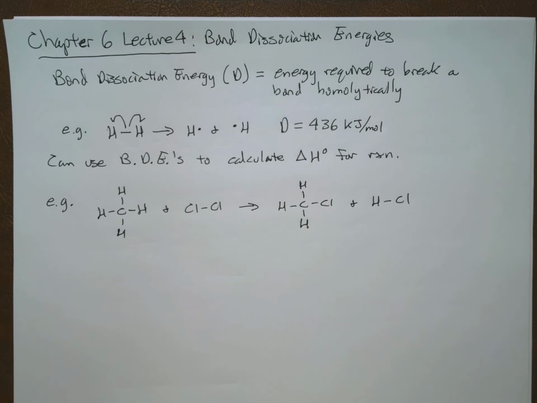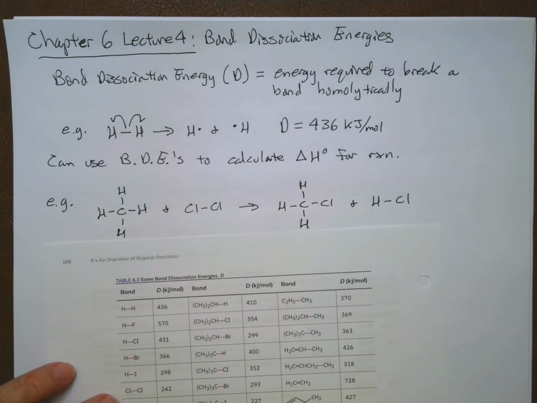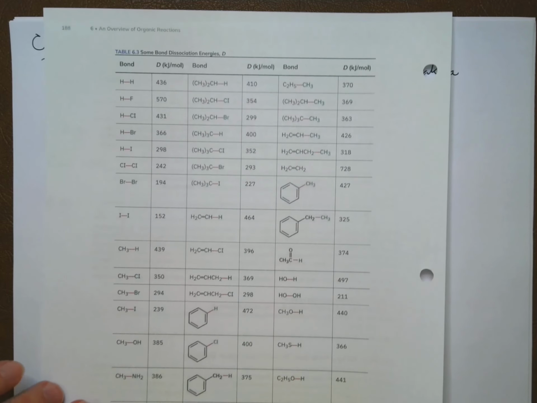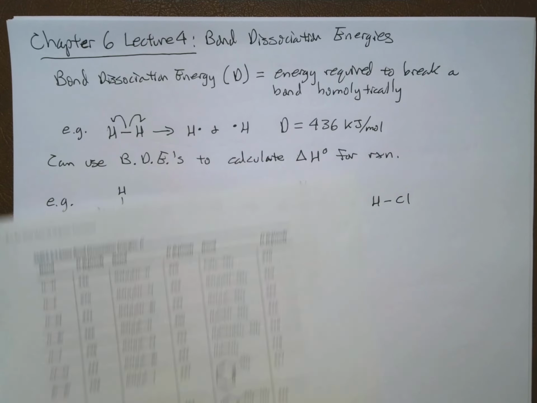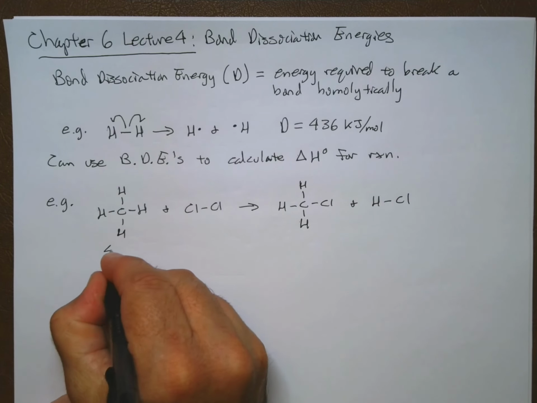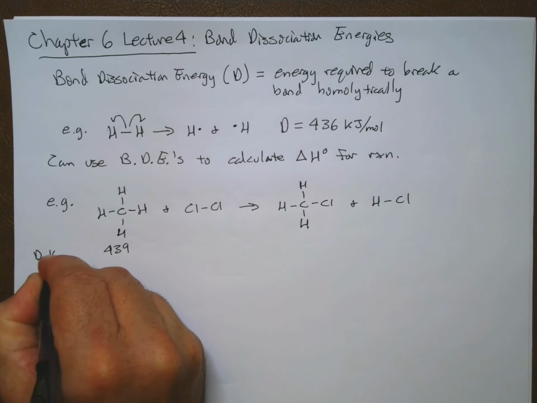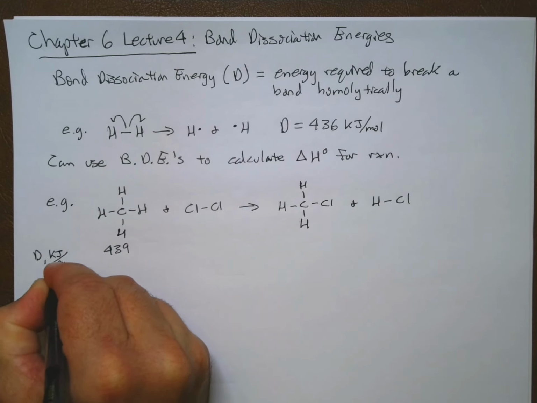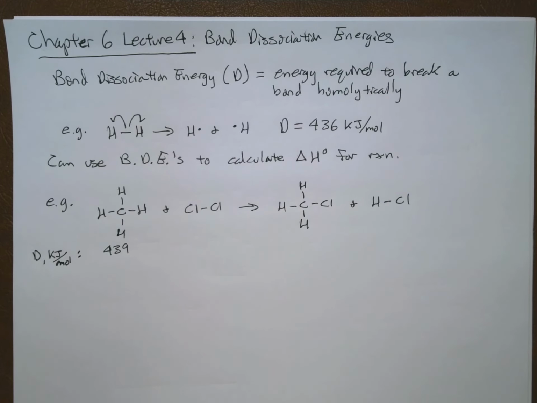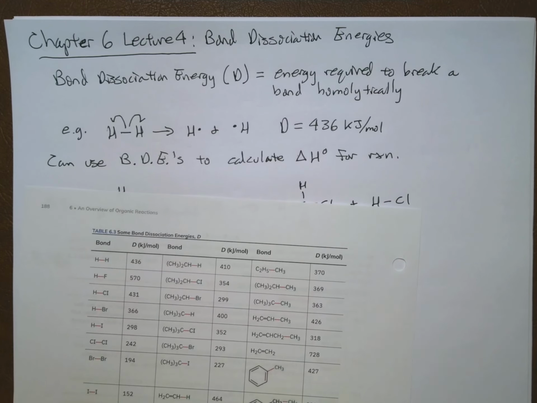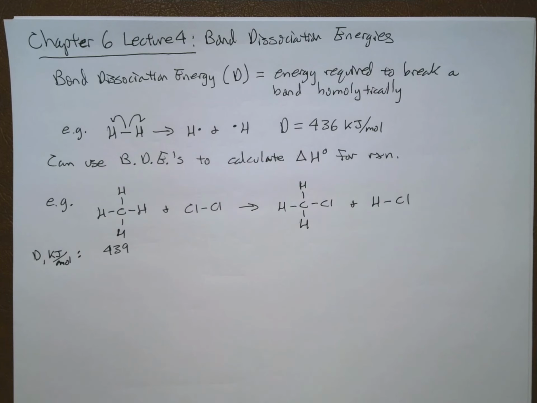So I can now look up my bond dissociation energies from my table. For methane, my C-H bond dissociation energy is 439 kilojoules per mole. My chlorine bond dissociation energy is 242.